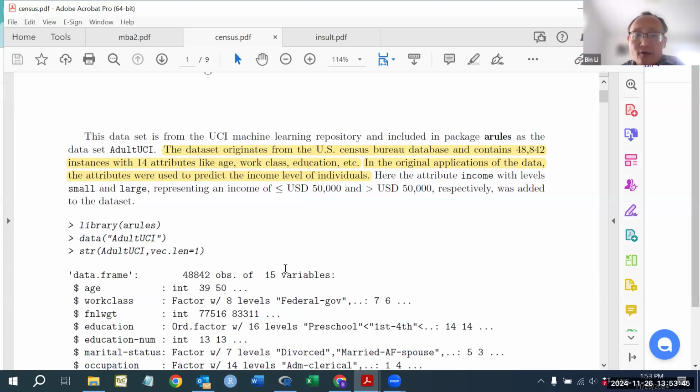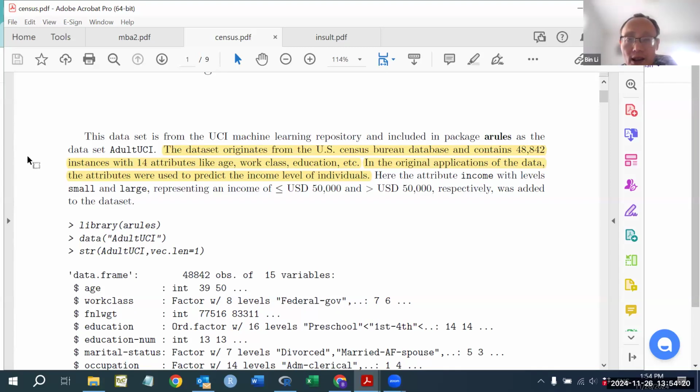This is a data set from the UCI machine learning repository. Originally, this is a regression problem. From the census data, we have 14 predictors. Some of them are categorical, some of them are numeric. And the target variable is the income. It's numeric. But now here, I change this income to a binary categorical variable.